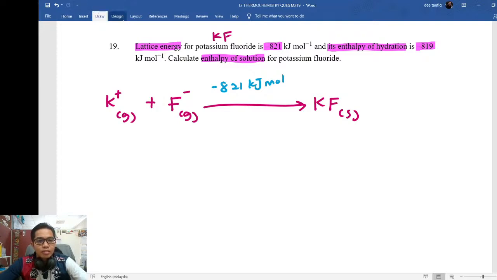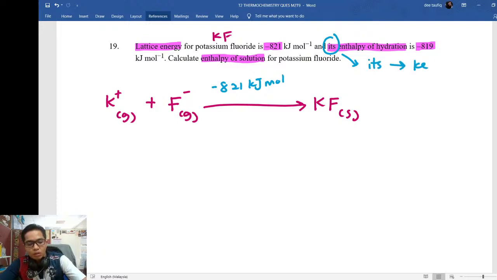And then kita nak buat apa? Dia kata its enthalpy of hydration. So you should focus to the word its kat sini. So its, meaning kepunyaan dia, belongs to KF.